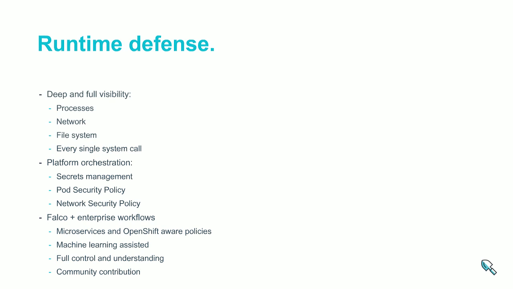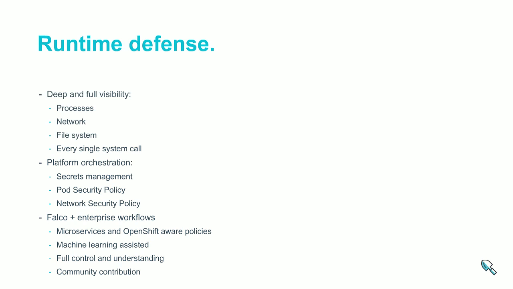But what about things that are not known to us, like zero-day vulnerabilities, configuration issues, vulnerabilities specific to our software that don't have a public CVE, etc. So being able to have a very deep and full understanding of everything that's happening inside the containers in terms of processes, network, but also file system activity, like which files I'm reading, which files I'm writing, or every single system call that's been executed on the system.